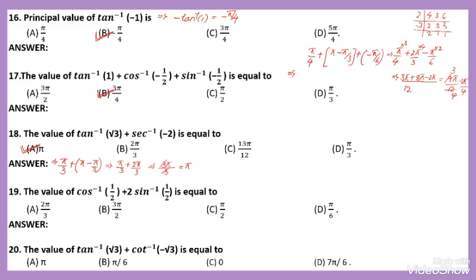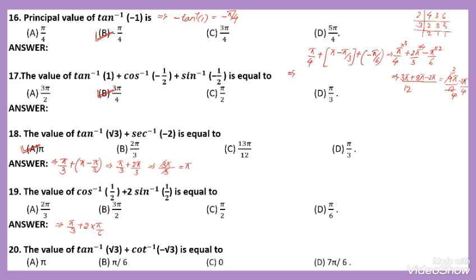Then the value of cos inverse 1 by 2 plus 2 into sine inverse of 1 by 2. I can solve here. Cos inverse of 1 by 2 is pi by 3, plus 2 into sine inverse of 1 by 2. Sine inverse of 1 by 2 is pi by 6.